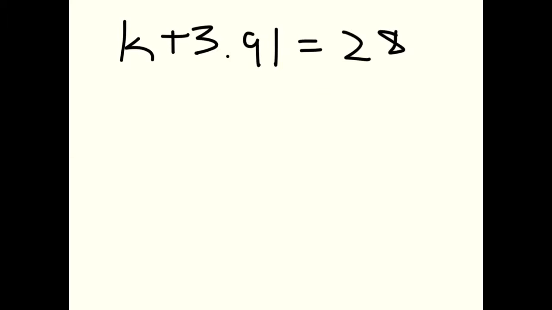Okay, since there is addition, we'll have to do subtraction. So you do minus 3.91 on both sides. That equals K. 3.91.